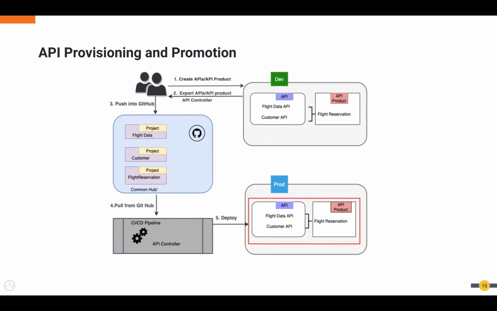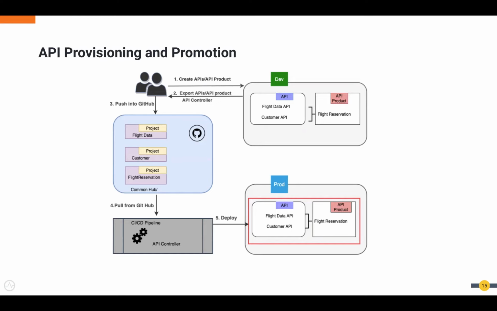They won't be doing anything manually in the prod environment. In order to migrate APIs and API products to the production environment, they have to use an automated pipeline.